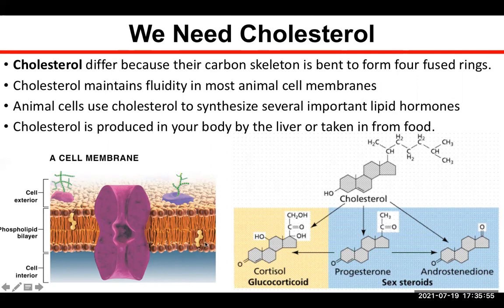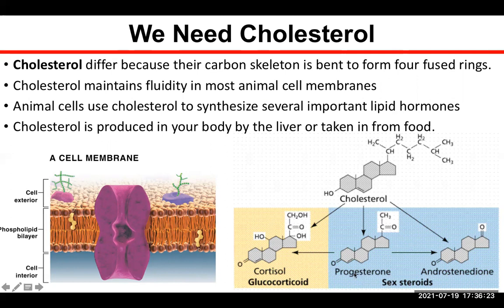cholesterol molecules. It's important to also note that animal cells use cholesterol to synthesize really important lipid-derived hormones. And so the 2 main ones that you're really going to associate with cholesterol or steroids are going to be the sex steroids, which I have 2 listed here: progesterone, and you also have testosterone and estrogen.